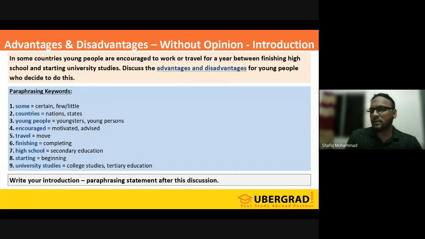It's Kanti B. In few nations, youngsters are motivated to work or move for a year between completing secondary education and begin with tertiary education. Okay, good. Then Arya has said, in certain nations, youngsters are motivated to work or move for a year between completing secondary education and beginning their college studies.